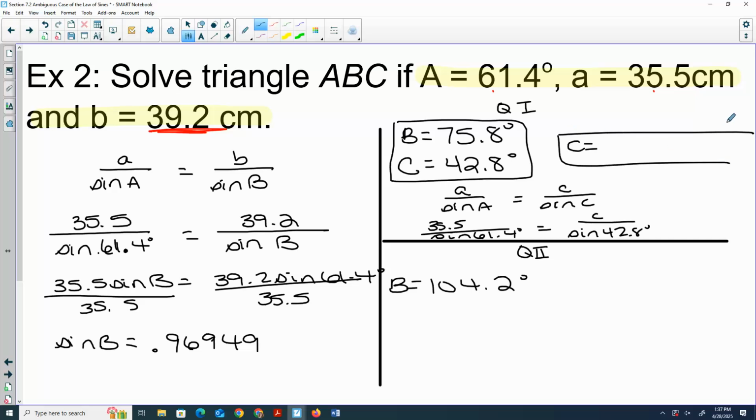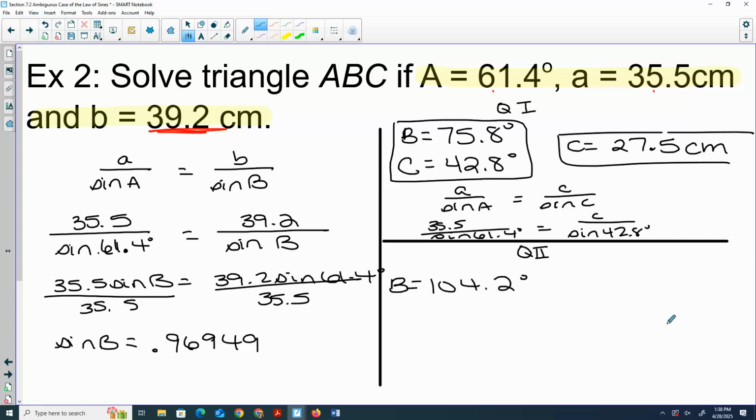So 35.5 divided by the sine of 61.4. We're going to multiply over the sine of 42.8. And if I do that, I get side C to be 27.47 or 27.5 centimeters. This is the first triangle.